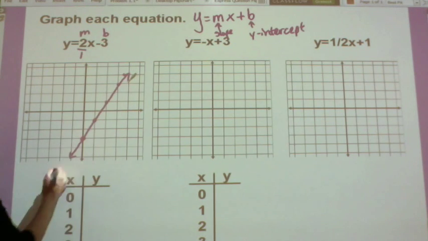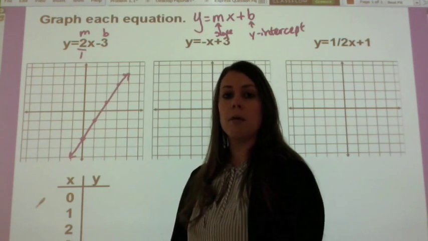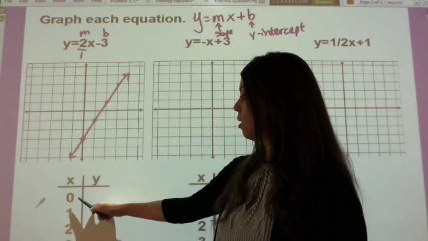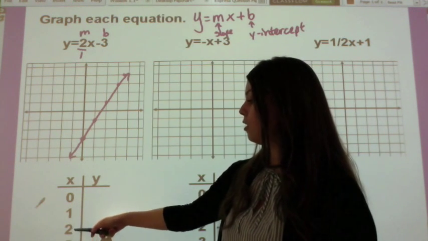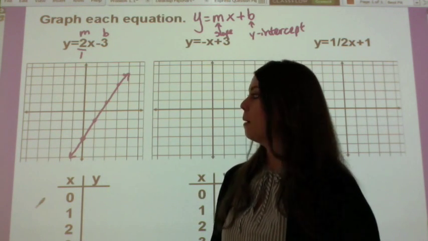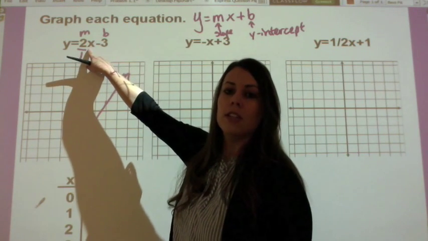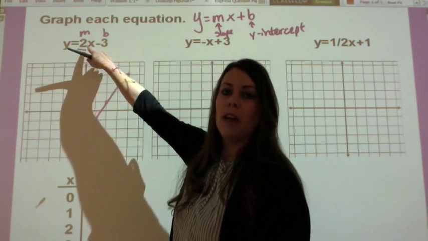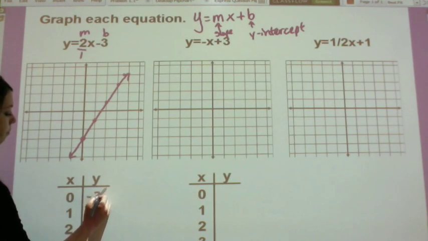Okay, so let's look at it by making a graph. You can always graph these equations by making an input-output table. For my input values I just plugged in 0, 1, 2, and 3, so 4 points. If I plug in 0 into this equation, 2 times 0 is 0, and 0 minus 3 is negative 3.